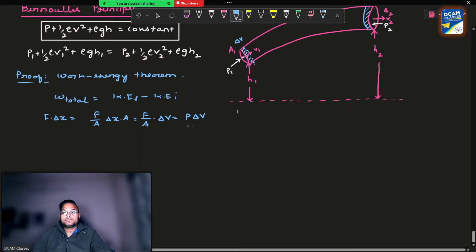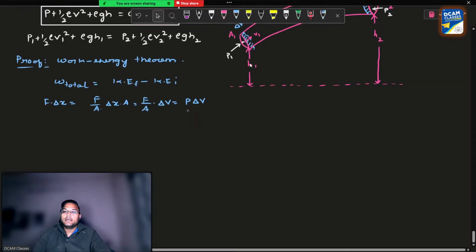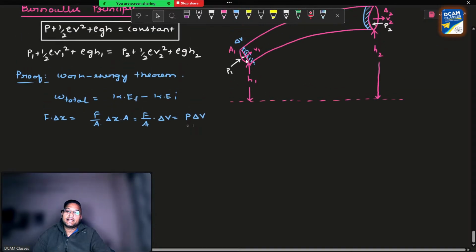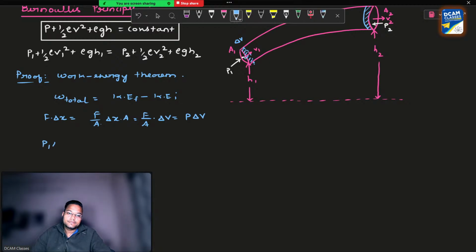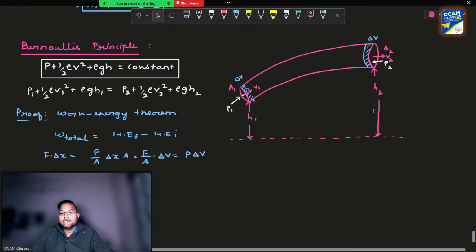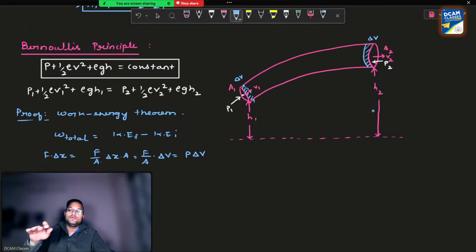So here the work done at the left point is P1 delta V. From the right point it is P2 delta V, so I can minus them. This is one work done. Also, there is work done by mg. Mg is acting downwards. It has moved from height h1 to h2.